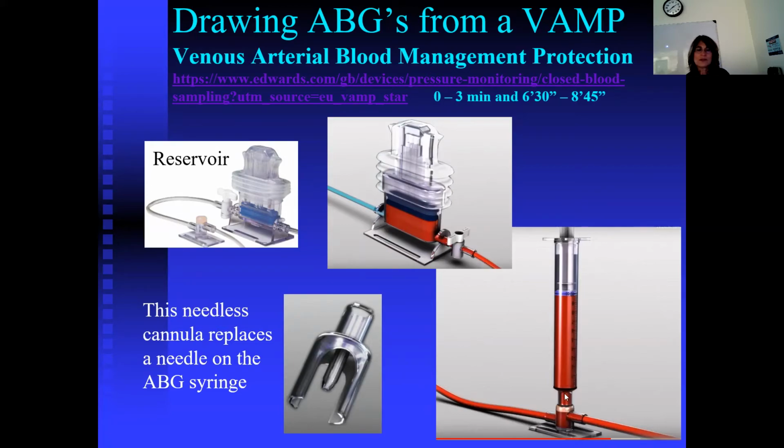You put your needle into the port, and you can do it a couple ways. There's a needleless cannula, and it's meant to protect you from getting stuck with a needle. Sometimes the hospitals don't have it in stock, and you end up putting a needle in here anyway.